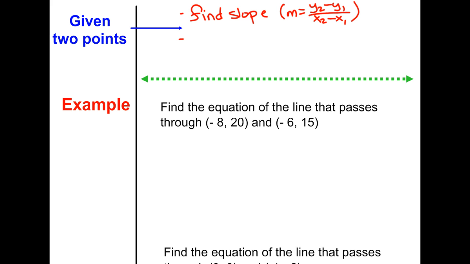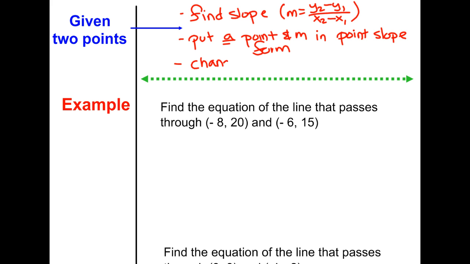And then from there, you're going to put a point and the slope into the point-slope form, not the slope-intercept, the point-slope form. And last thing, if you want to make sure, change it into slope-intercept form.